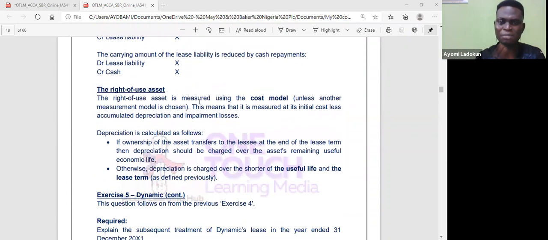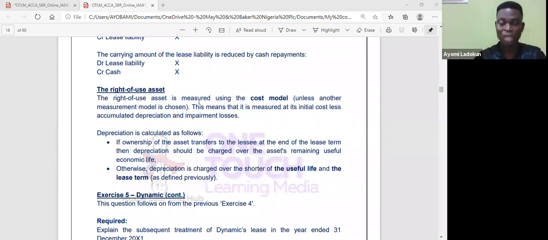So let me quickly explain right of use assets. Normally, because the lessee is recognizing a right of use asset, it is going to depreciate, okay? So the question now is, am I going to use the remaining economic life of that asset to depreciate? I'm sure you know how to depreciate, right?